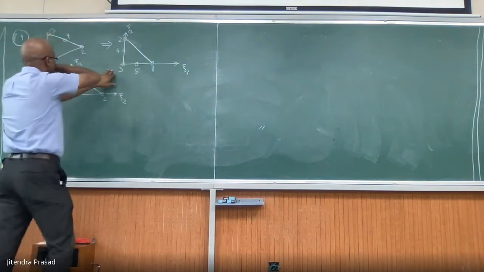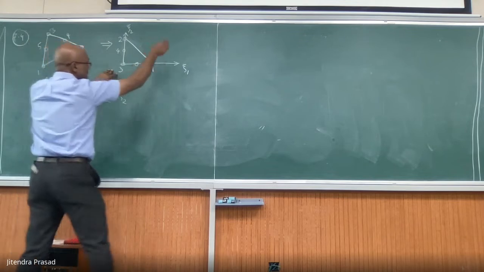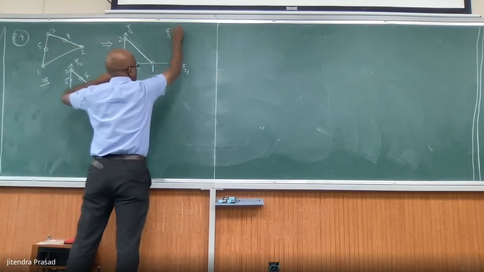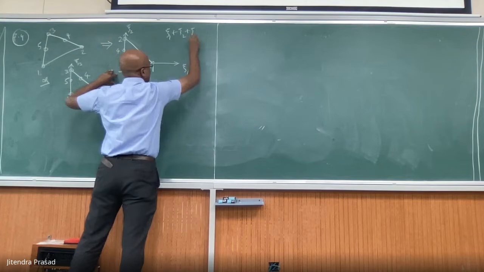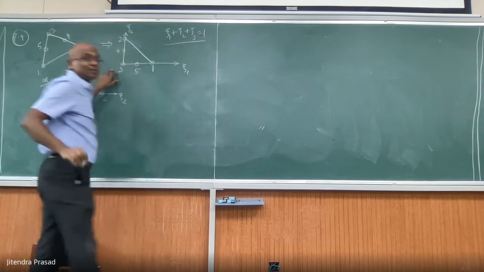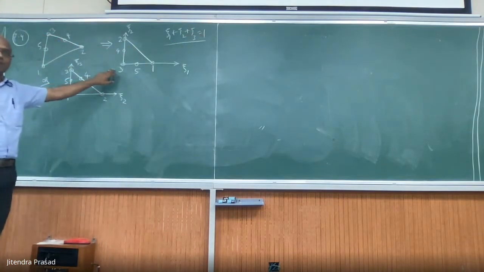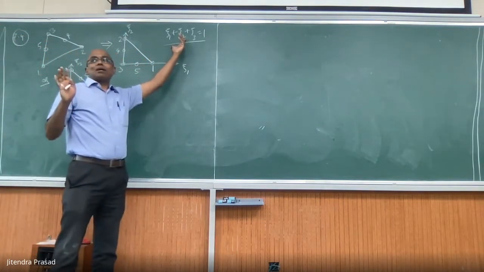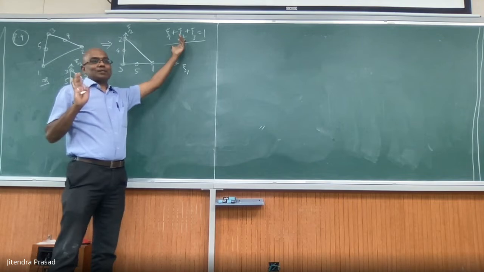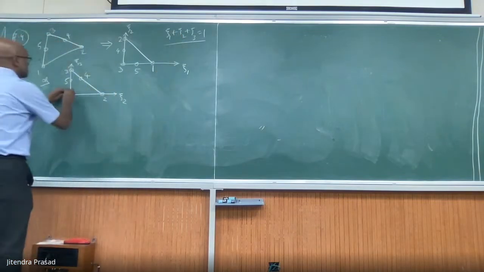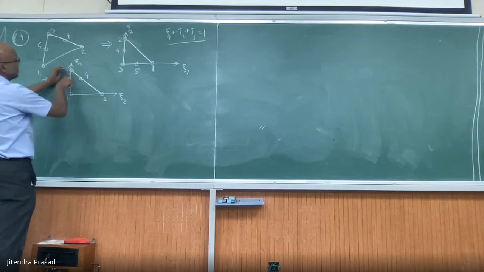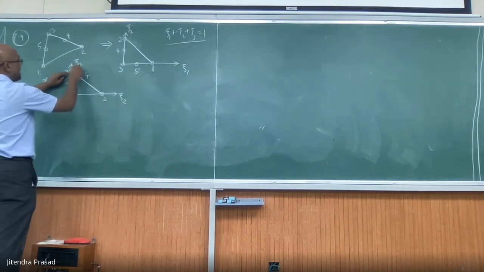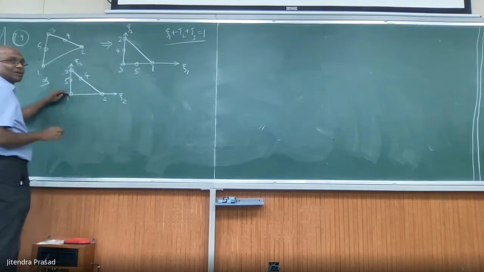In any case, remember that xi1 plus xi2 plus xi3 is equal to 1. This is the thing. One of the three is dependent. So now xi1 is dependent.